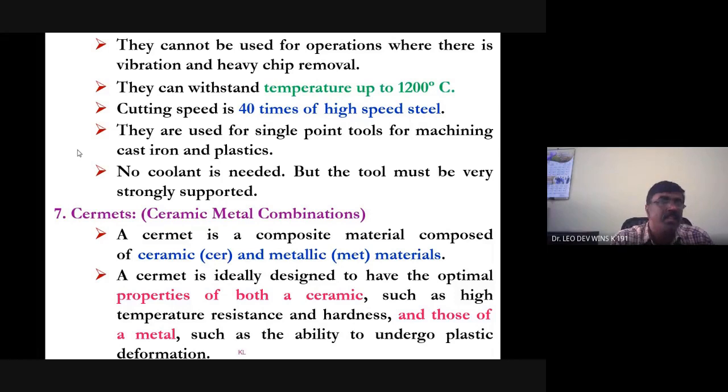We are all using ceramic tiles in our home. The reason is it has high wear resistance and hardness. If you use ordinary tiles instead of ceramic tile, within 1 month or 1 year, you will notice scratches on the surface of the tiles. But the ceramic material has high hardness and abrasion resistance.